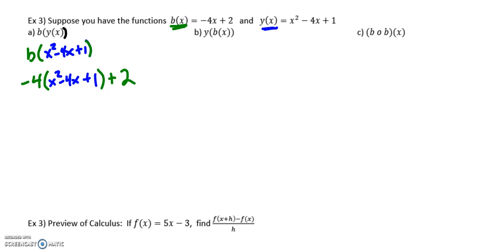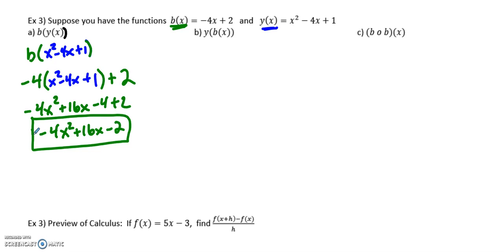And then from there I can just distribute: negative 4x squared plus 16x minus 4 plus 2, and I end up with negative 4x squared plus 16x minus 2. That's my composition of functions. Again, I took all of this and just plugged it in place of that x value.